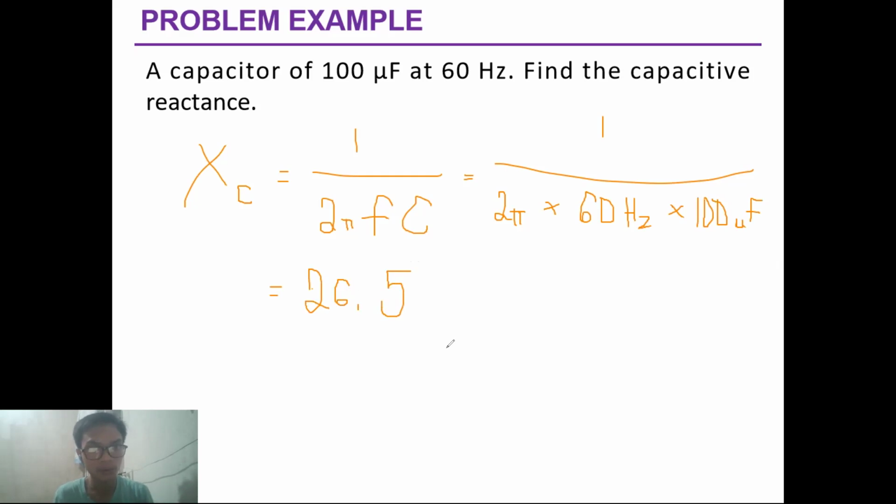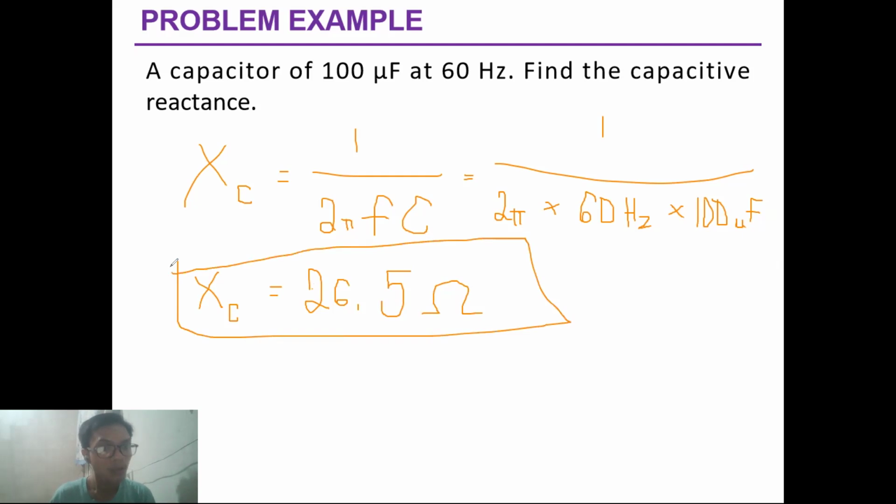Then what is the unit for reactance? Capacitive reactance, we have ohms. So therefore, the capacitive reactance is equal to 26.5 ohms.